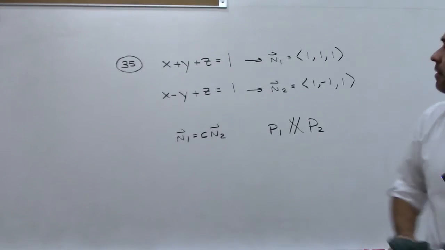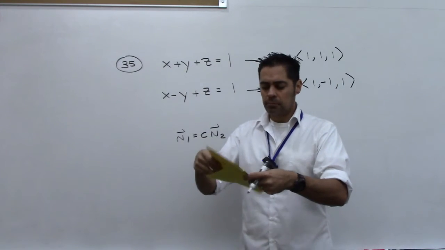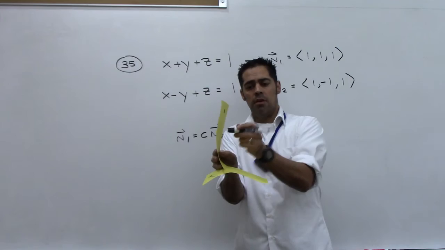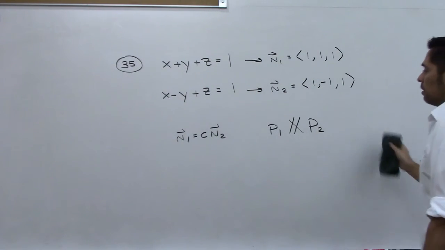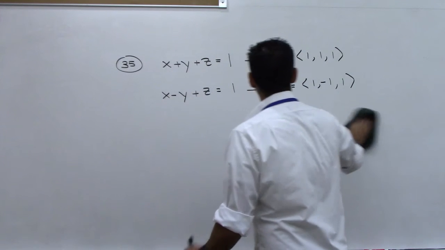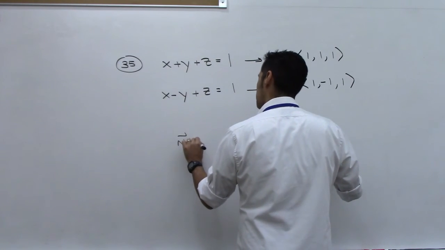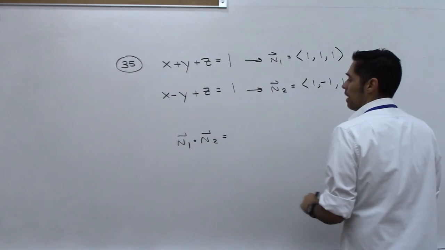How would you check to see if they're perpendicular? Well, if two planes are perpendicular, I hope it's obvious to you that their normals would also be perpendicular. So the question would be, are these normals perpendicular? How do you check to see if two vectors are perpendicular? You dot product them, right? And you hope for 0. What's the dot product of these two vectors?